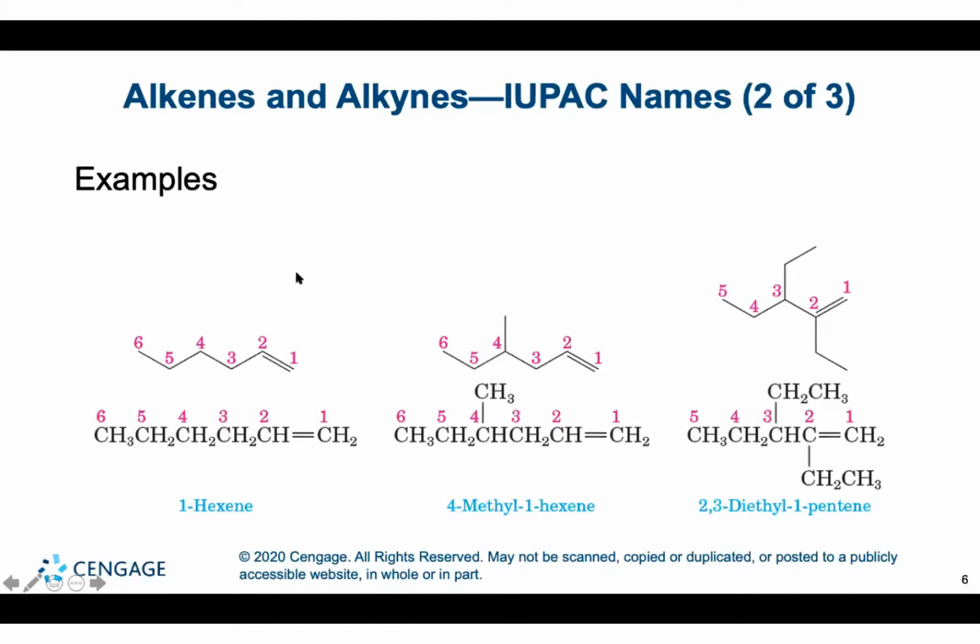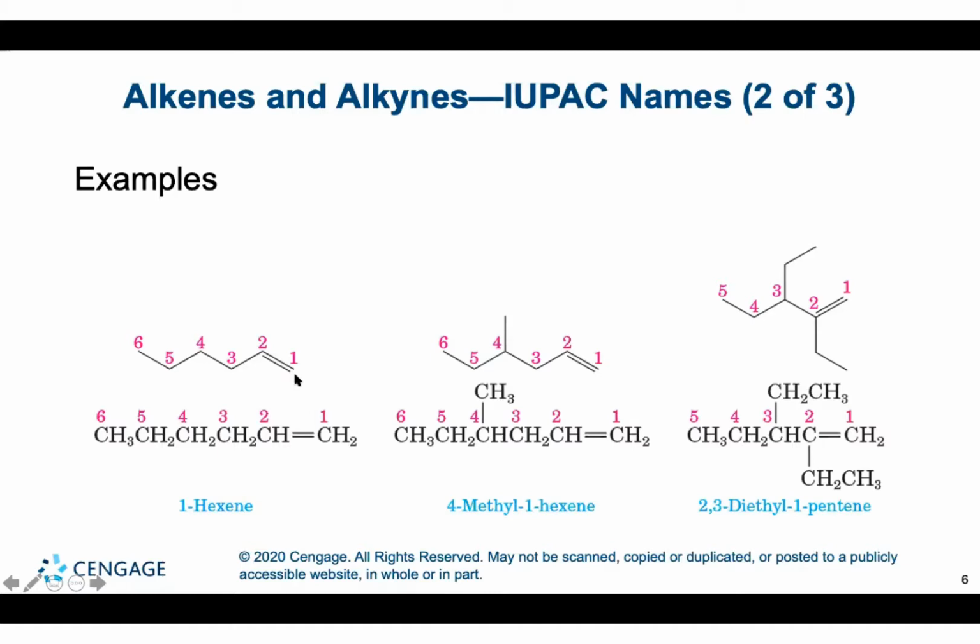Here, I want to talk about alkenes first. Here you see a line-angle structure, and we have the condensed formula here. So we first find the longest chain. Here I have the longest chain as a straight line, and we start from the right side.